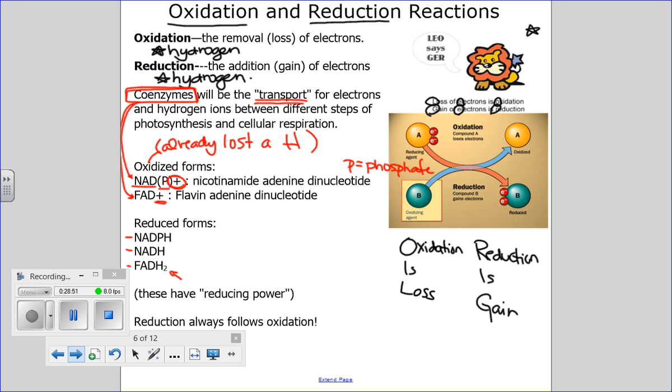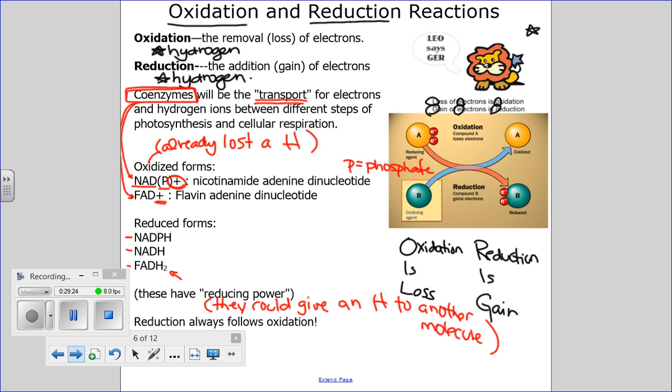Now when you have the reduced forms, you'll notice I put in brackets, these have reducing power. That means they could give an H to another molecule. In other words, they could cause another molecule to become reduced by giving away their hydrogen.